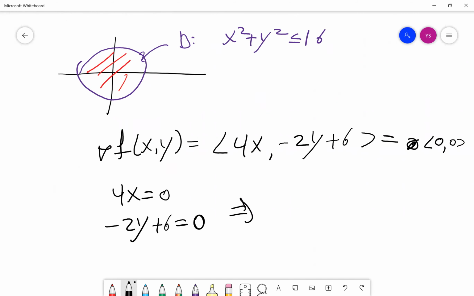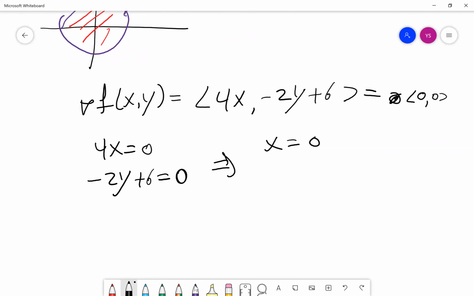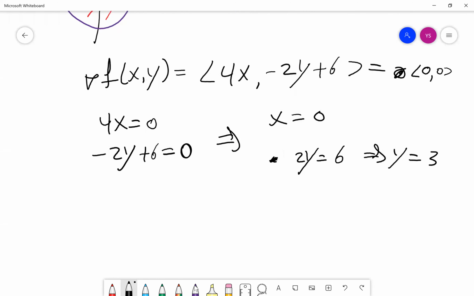This tells us first that x is equal to 0. It also tells us that 2y is equal to 6, which tells us that y is equal to 3. So we should have the critical point (0, 3).